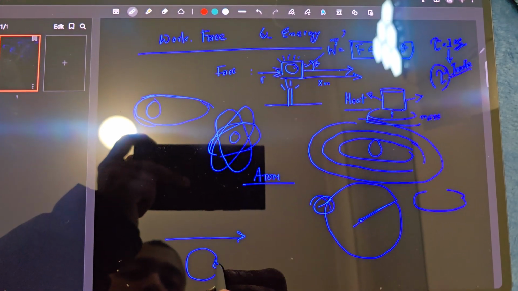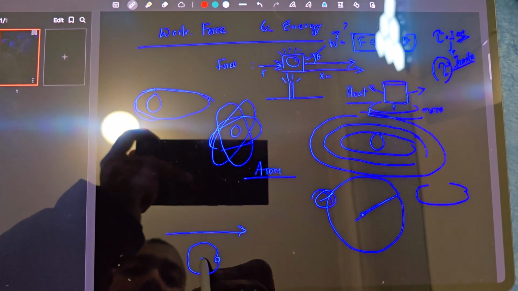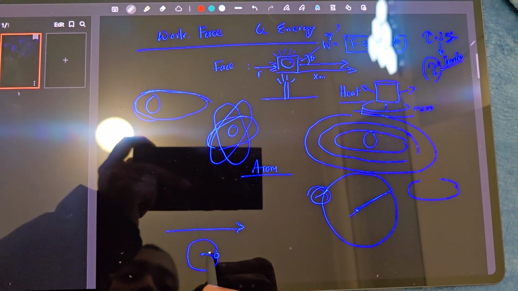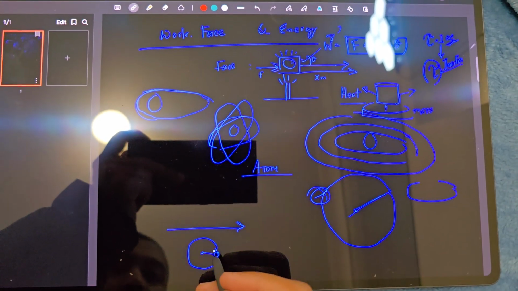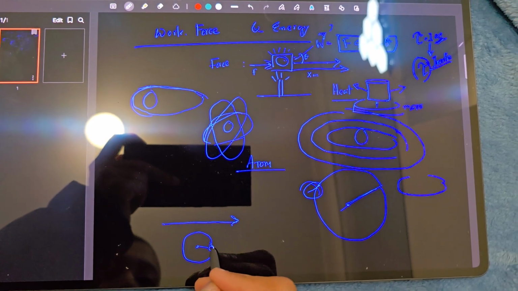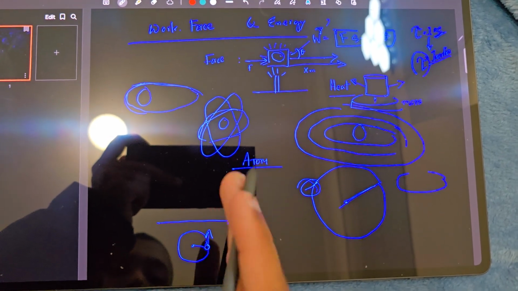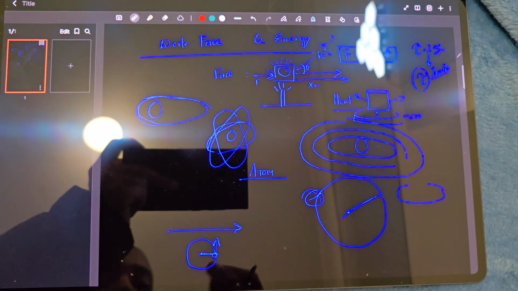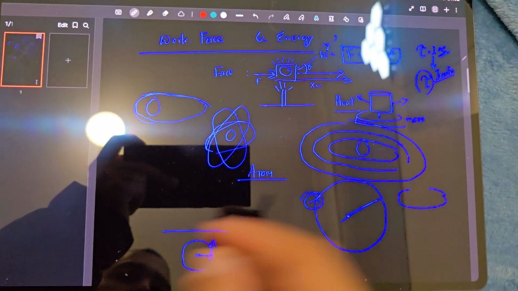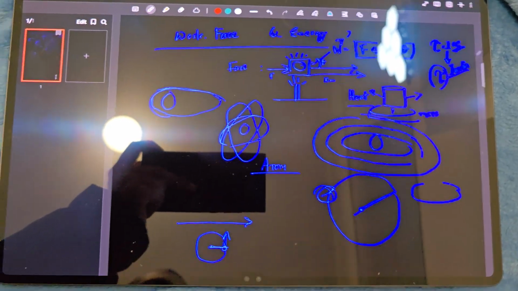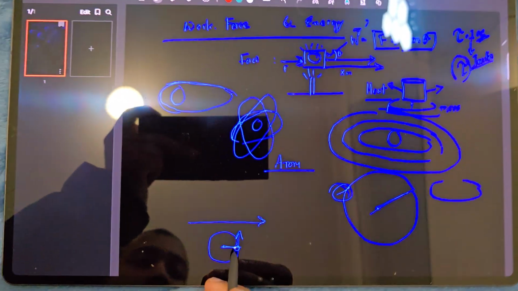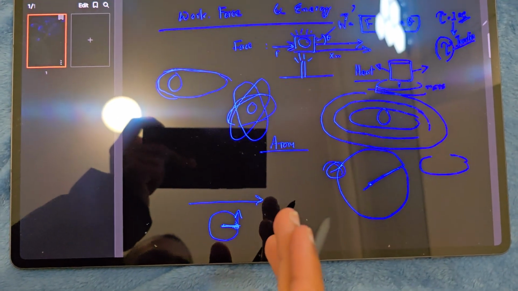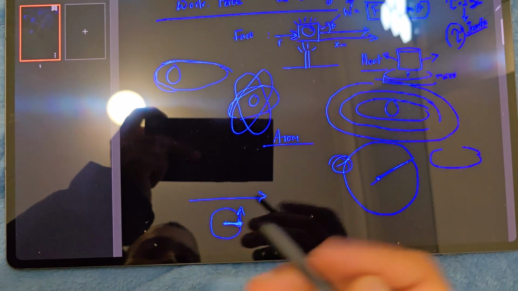There are two forces working on it. Say a ball is spinning around a point in a circle. Put a ball on a thread and rotate it in a circle. Its direction is perpendicular to the thread, but there are two forces.